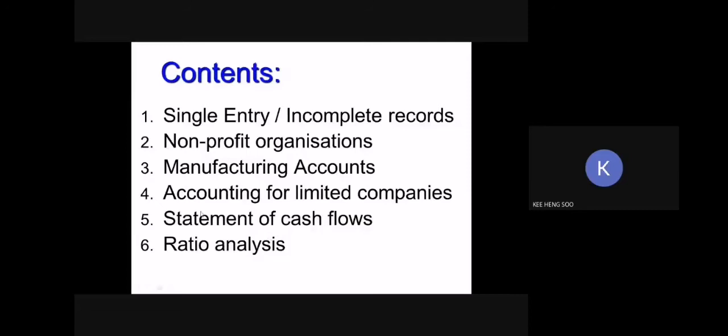I already see that you have 4 questions, 25 marks each. 1 question on the statement of cash flow and ratio analysis. 1 question on single entry, incorporated cost and non-profit organization, Part A and Part B, for example. Then question 2 may be manufacturing account plus issue of shares. Don't forget your bonus issue, right issue. Then oversubscribe, have to refund. Then question 3, accounting for limited companies.